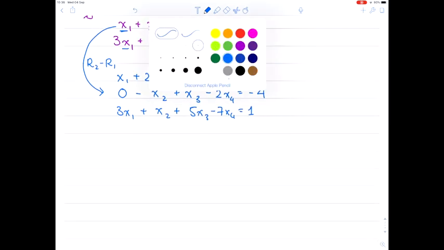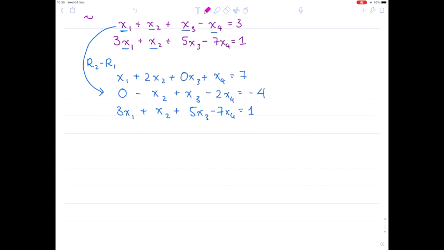Next up, we want to get rid of this 3x1, and really the only option we have is to subtract 3 times row 1. So we're not going to do anything with our first row. We're not going to do anything with our second row.